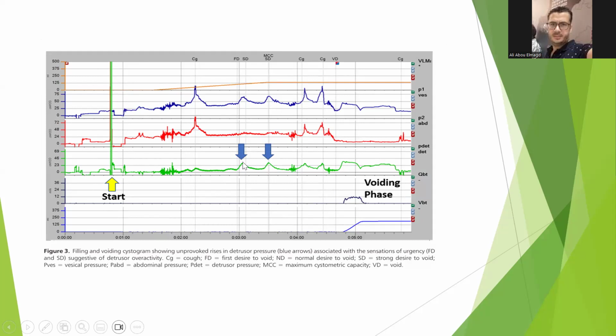This is the detrusor pressure, so there is a rise of the detrusor pressure accompanied by a rise in the vesical pressure. Sometimes there could be some leak and sometimes not. This is called detrusor overactivity.